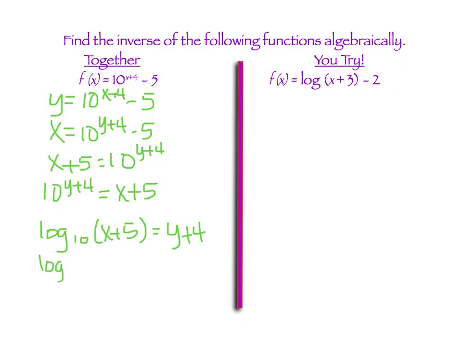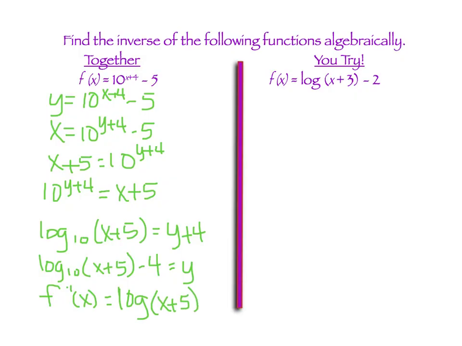Log base 10 of x plus 5 minus 4 is equal to y. Now we just need to write this using function notation. So we will have the inverse of f of x is equal to the log of x plus 5 minus 4.